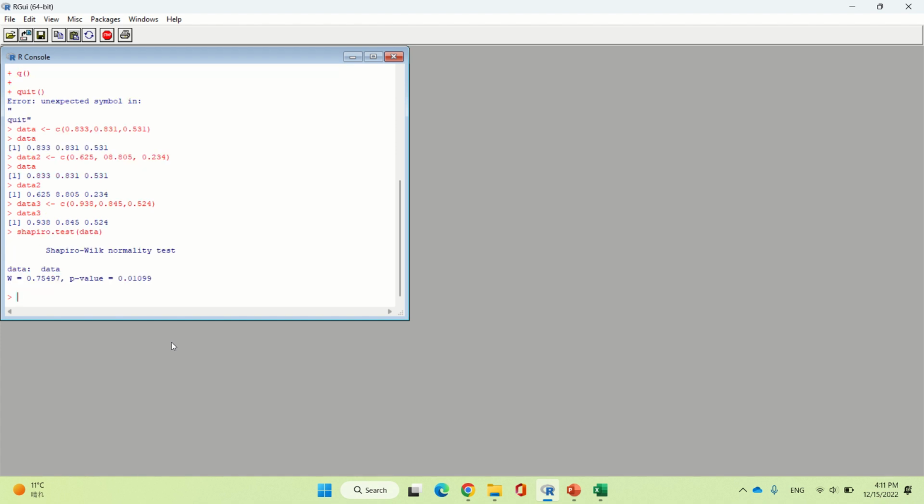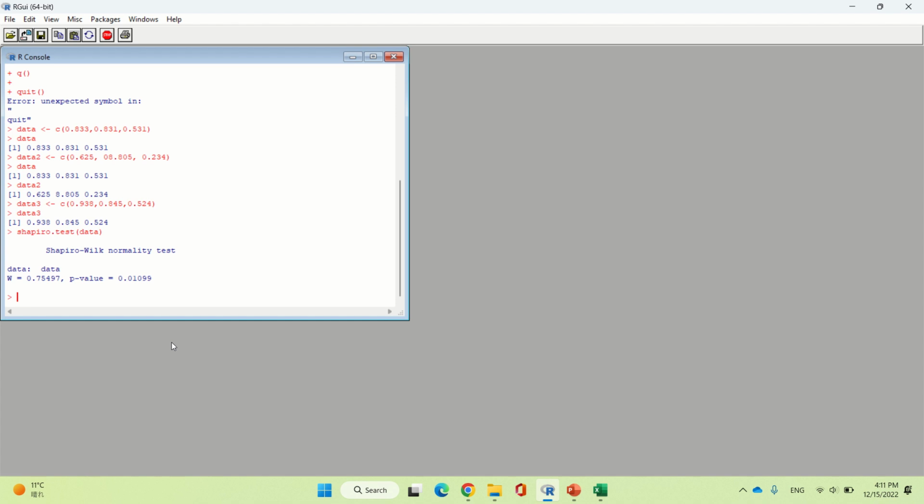Then the p-value is 0.01. So the null hypothesis of the Shapiro-Wilk test is... 0.05 means 5%. Under 0.05 it will be a significant p-value.